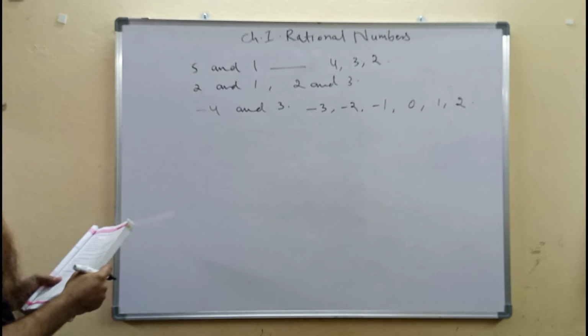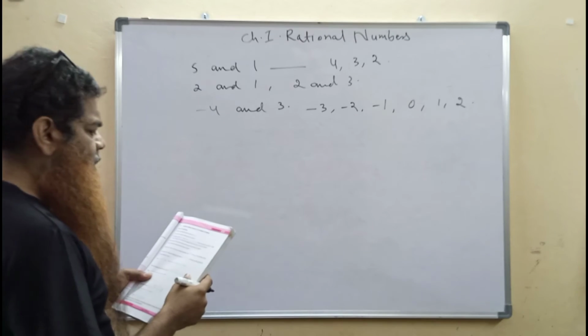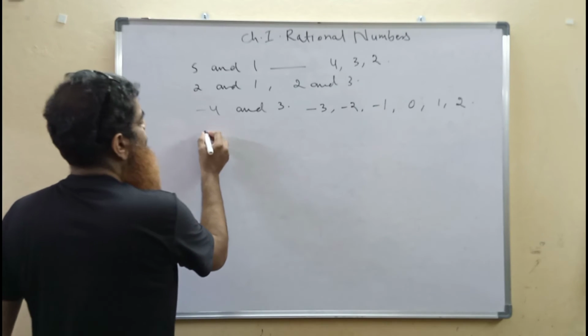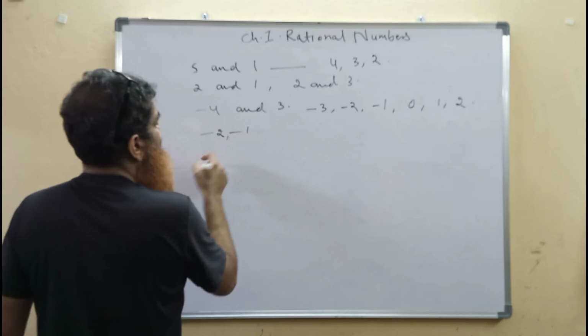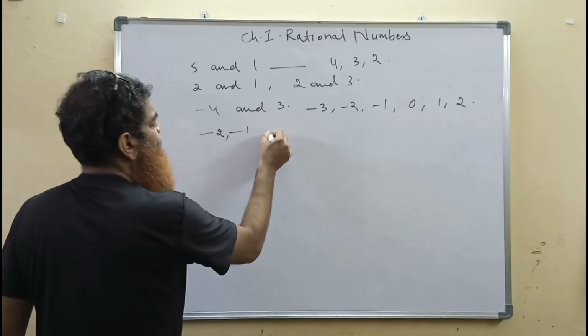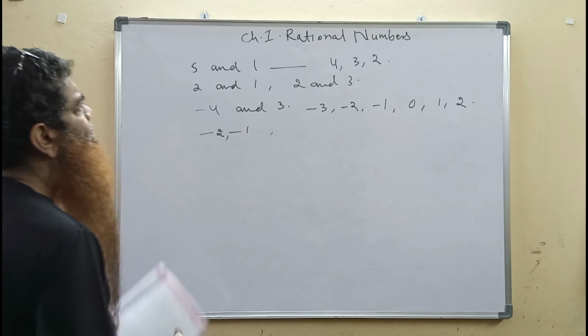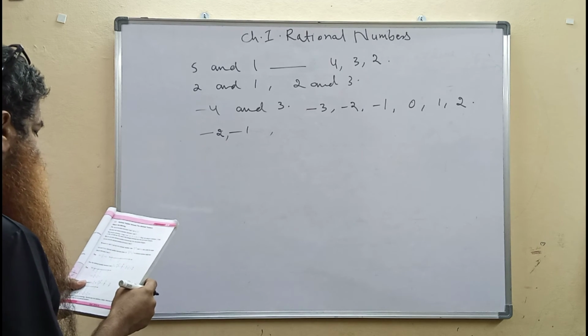But we cannot find integers between any two successive integers. There are no integers in between minus 2 and minus 1. But we can find rational numbers between any two successive integers.